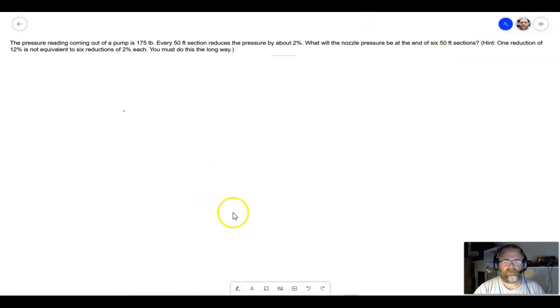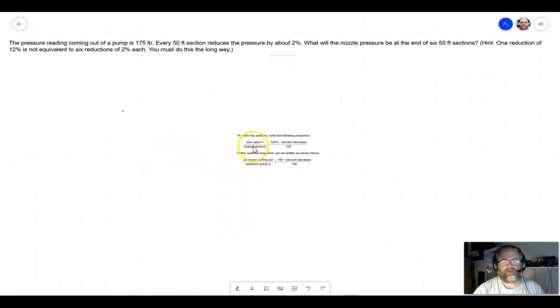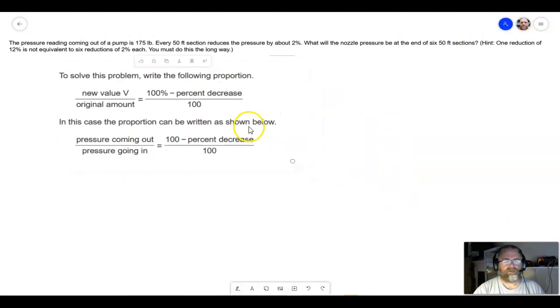All right, so let's go ahead and see how we're going to solve this. So in this case here, we are trying to find basically whatever the new value is going to be each time it goes through a 50-foot section.